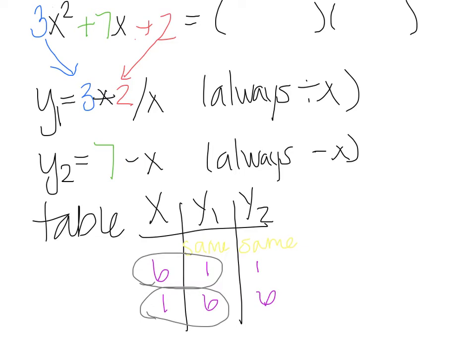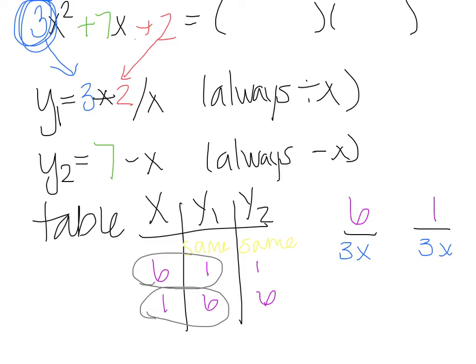So I'm going to take those 2 numbers, 6 and 1, and I'm going to divide them by 3x. Now the 3 came from this 3 that's up here. The x, that's just something you have to put there.